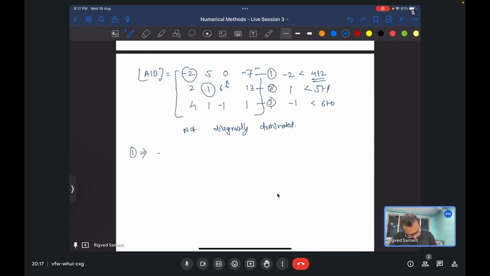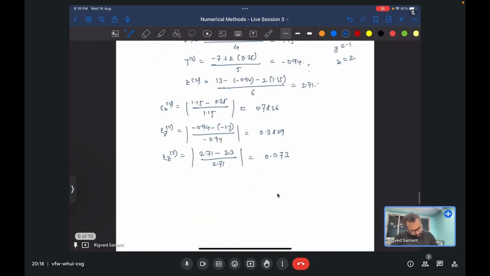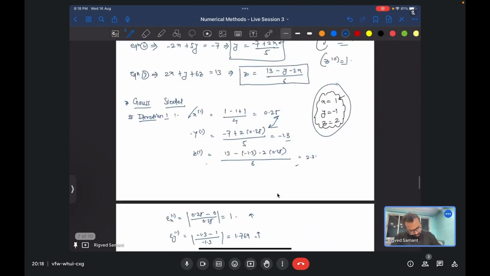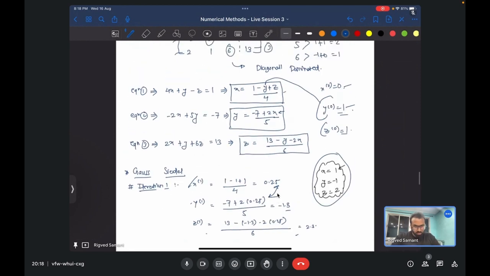From 1, minus 2x plus 5y is equal to minus 7, which leads to x is equal to minus 7 minus 5y divided by 2. Rather than what we used before for x, we use this equation.